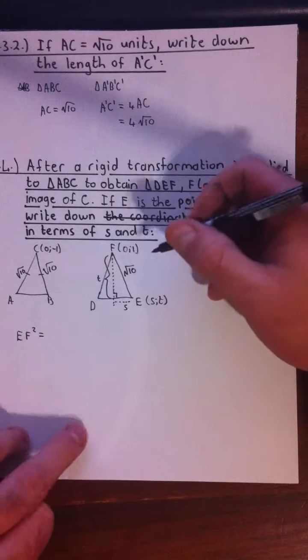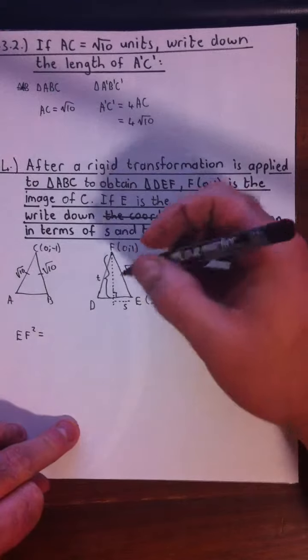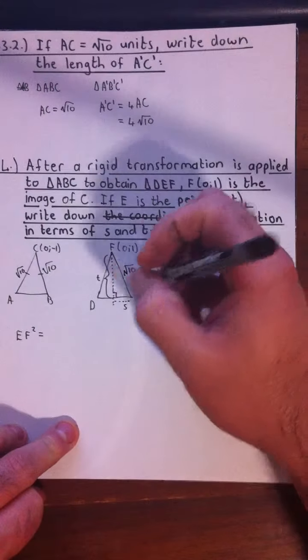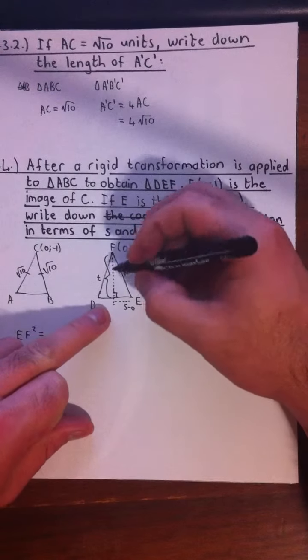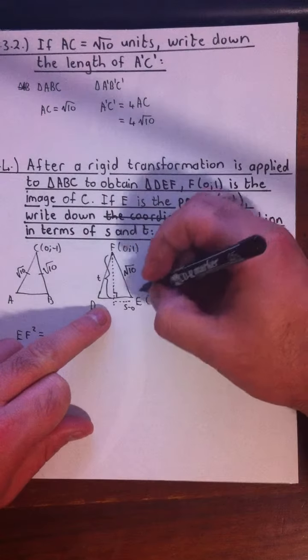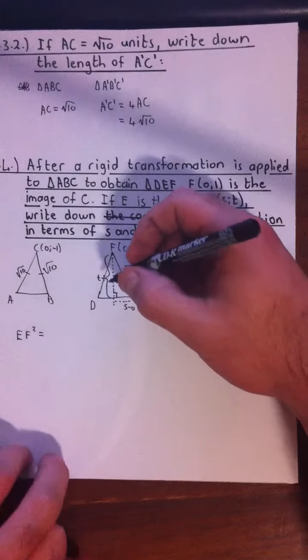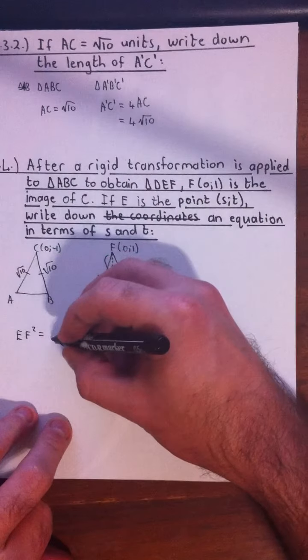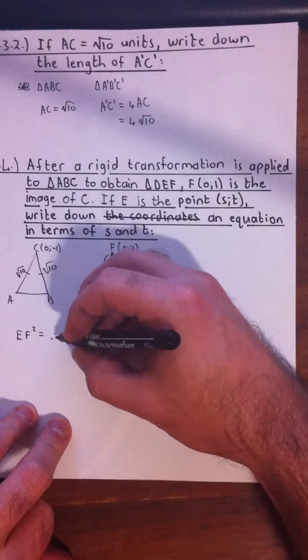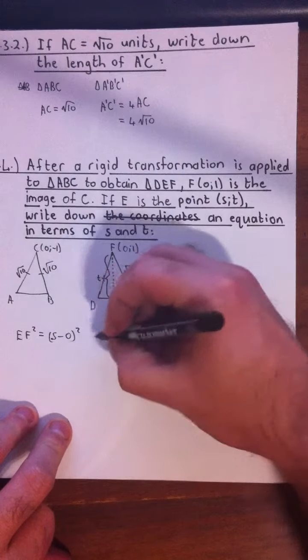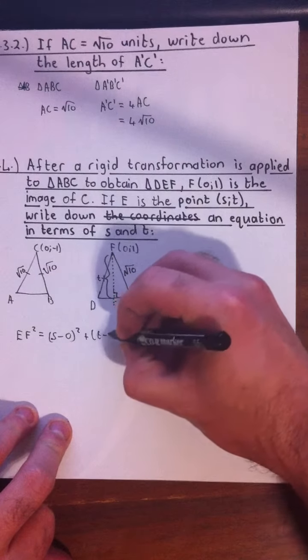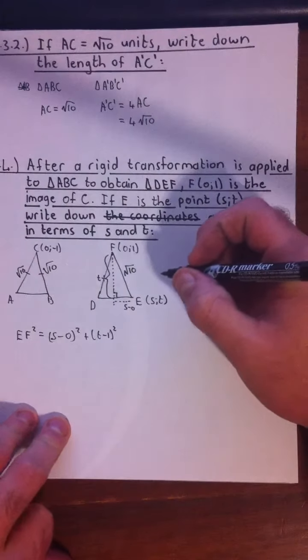Okay, so we have this distance is S minus 0, apologies, and this distance is T minus 1. Okay, so we'll have that is S minus 0 squared plus T minus 1 squared.